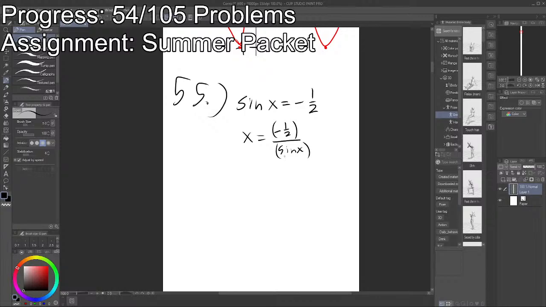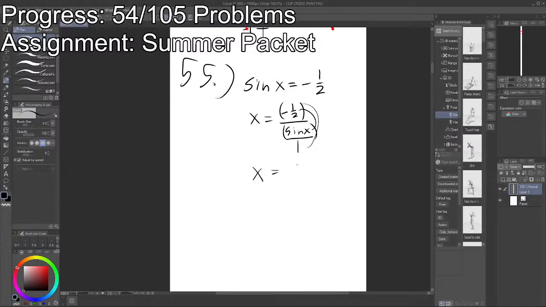Is that really what I want to do? I can rewrite this actually. Oh, wait. Ooh, I see something. I can rewrite this even more. This would be huge if this works. Holy dude.